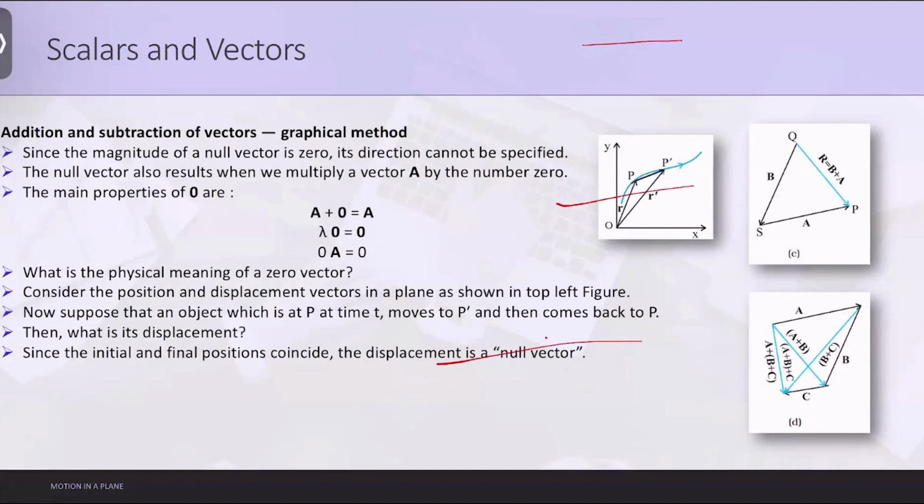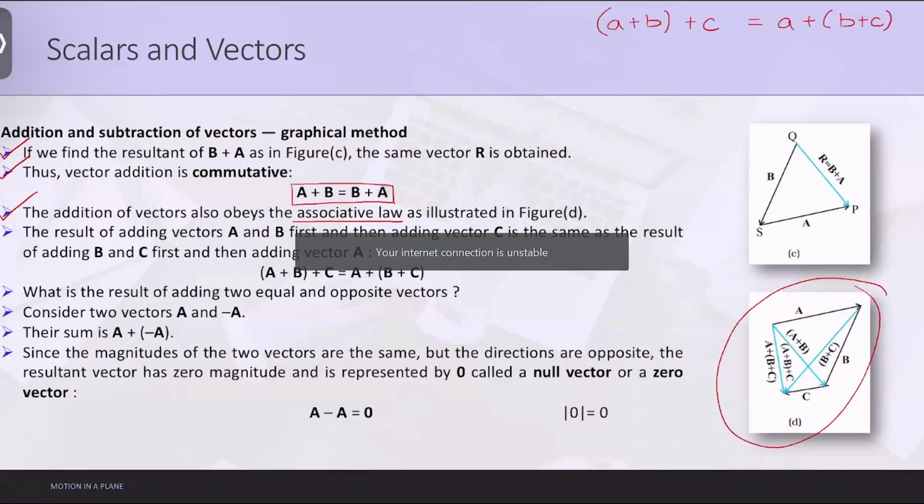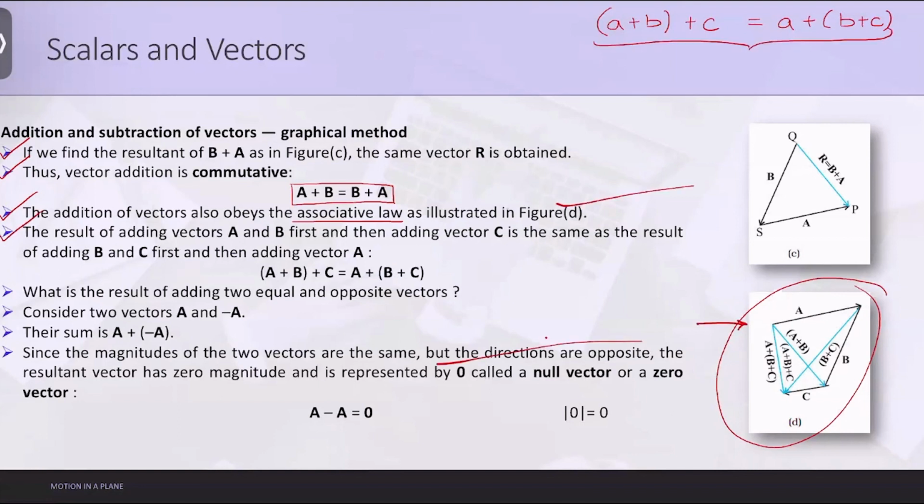As you can see on the figure D graph, let us first add vectors A and B. How will we add vectors A and B? Let me explain clearly.